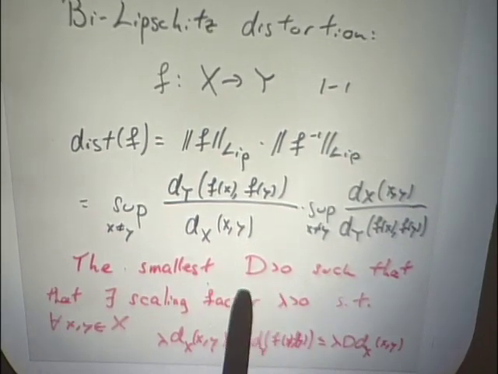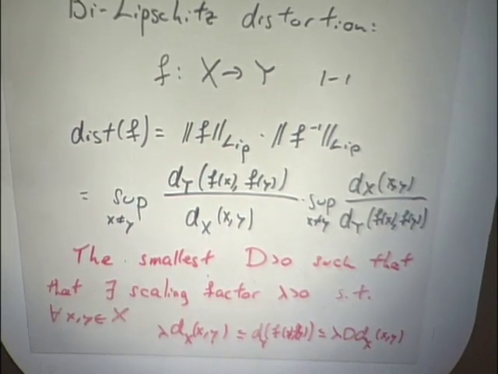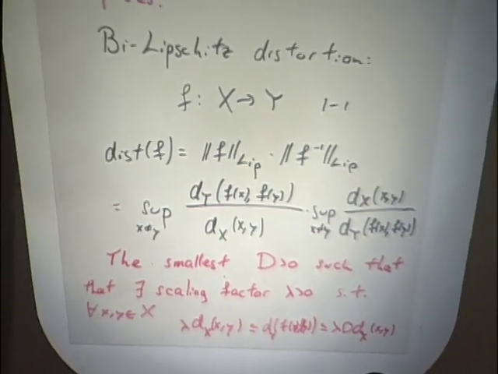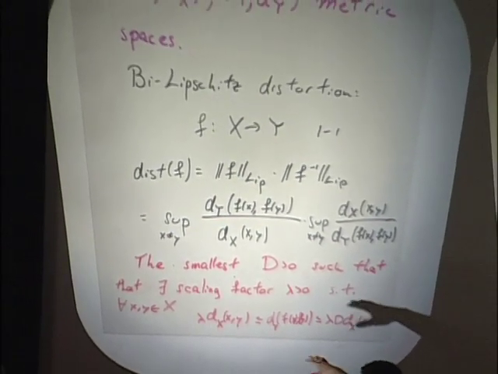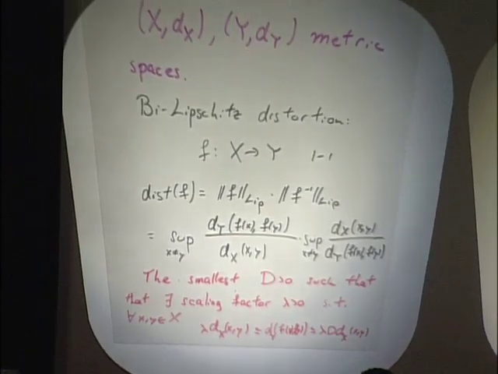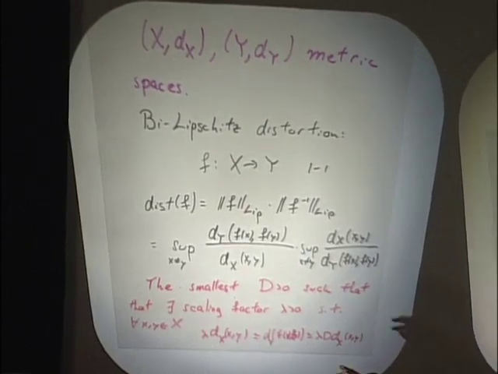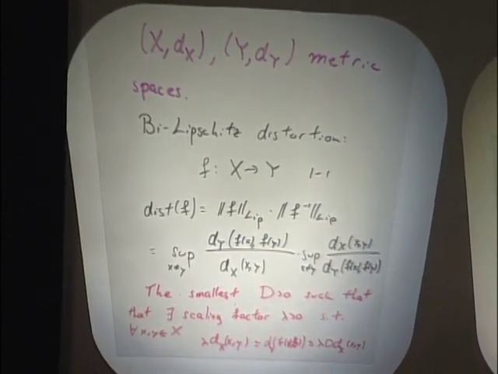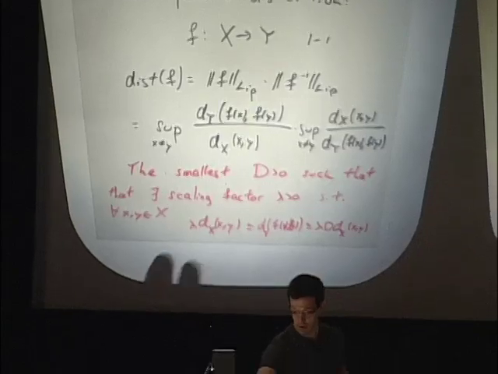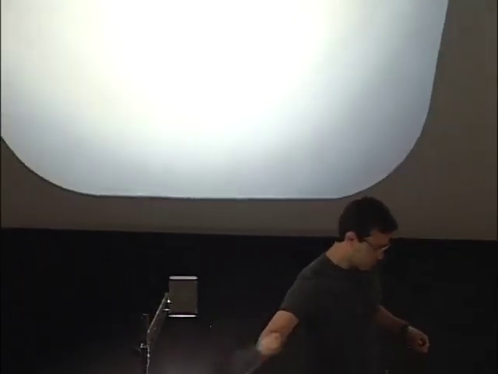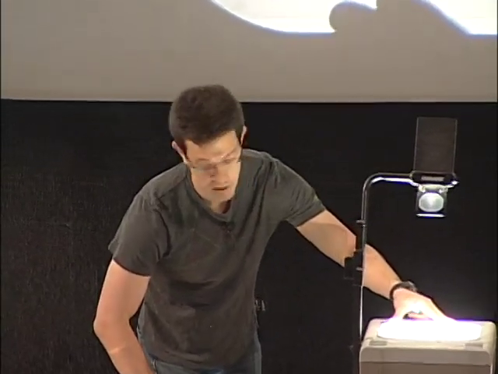the distortion of a function is the smallest number D such that, first of all, you're allowed to rescale the metric. So there is some scaling factor lambda such that for any two points in the image, the distance between the two points, after they have been rescaled, is up to a factor capital D what it was in the original space. So it's a very natural way to compare how similar metrics are.